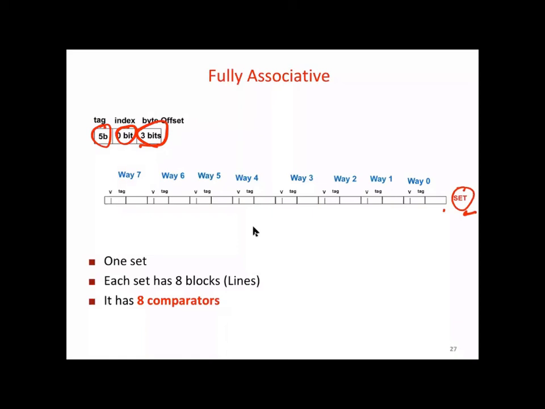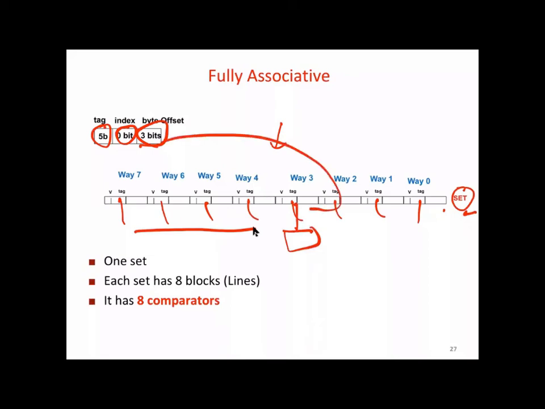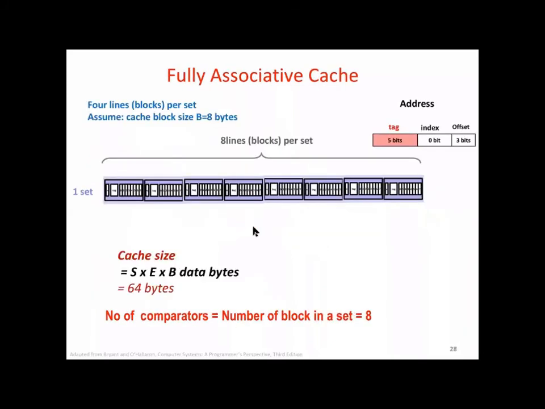As soon as the address comes from the CPU, we start checking all tag bits to see whether one matches. If it matches, say for example this one, then there's a hit, and we look at the offset bits and read the corresponding byte. But the number of comparators here will be 8 now, because each tag will be compared simultaneously. So this will increase the complexity and the cost. It's shown like here.